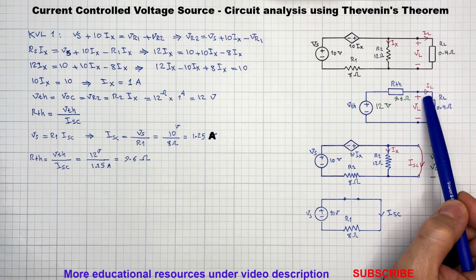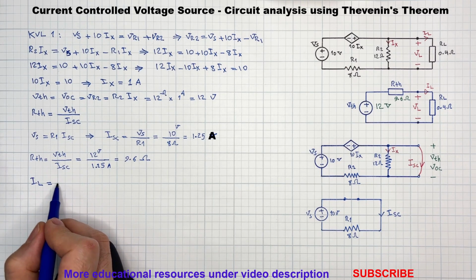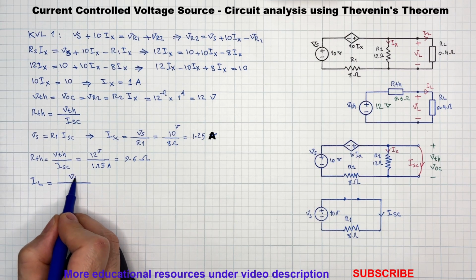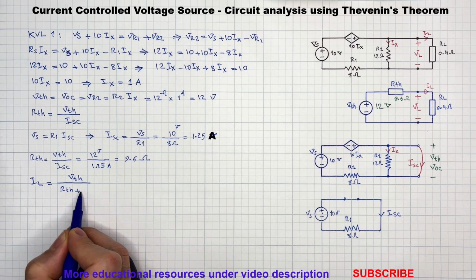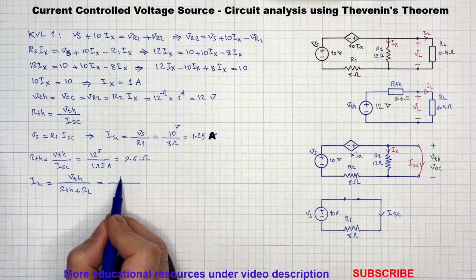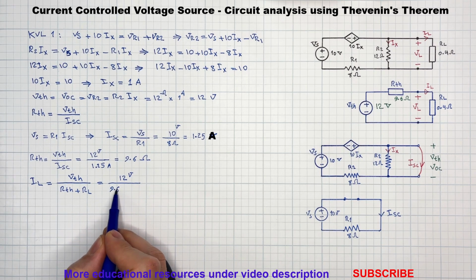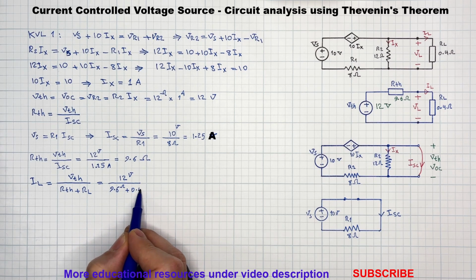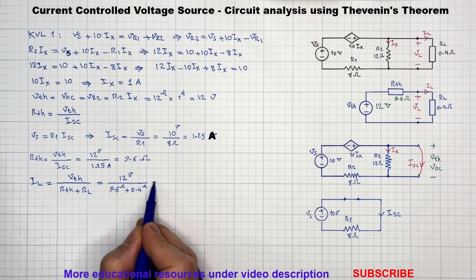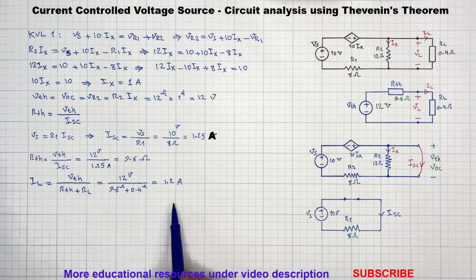So let's calculate the load current IL. And by Ohm's law, we can obtain the value of VL.